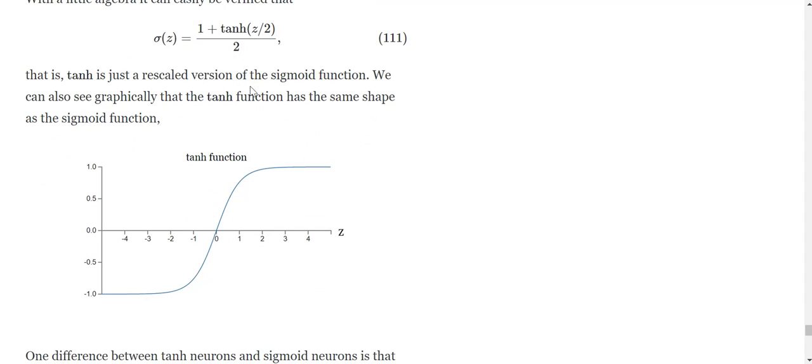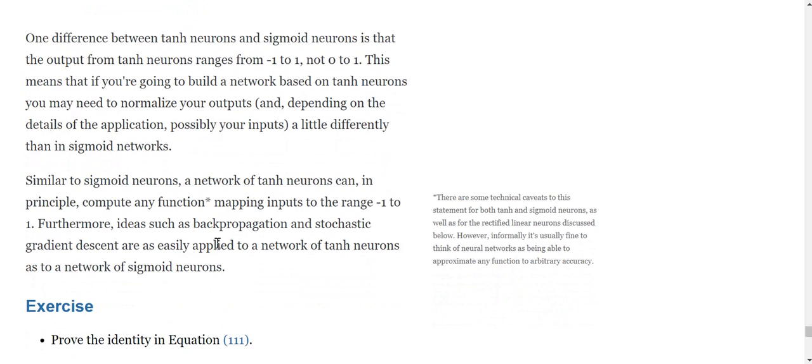That is, tanh is just a rescaled version of the sigmoid, and you can see that graphically as well. It has the same shape as the sigmoid, just it lies between negative 1 to 1, and center is at 0. One difference between tanh neurons and sigmoid neurons is that the output ranges from -1 to 1, not 0 to 1.